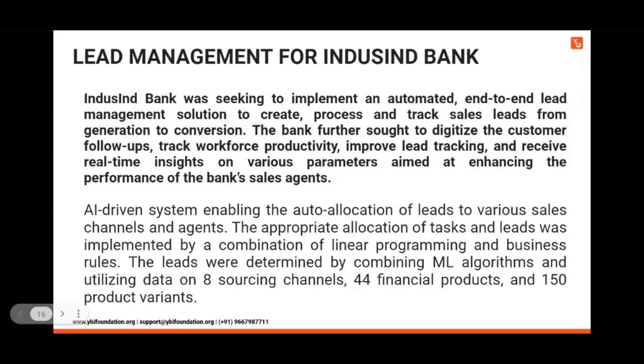So the lead management for IndusInd Bank, right? And it's not only IndusInd Bank. I am sure that other banks and companies are using some sort of AI ML algorithm for lead management. It's going to help identify potential customers. So it's going to help the companies, the banks, the different institutes to reduce their cost per acquisition or cost per sale, which leads to better productivity or better revenue and profits for the company.